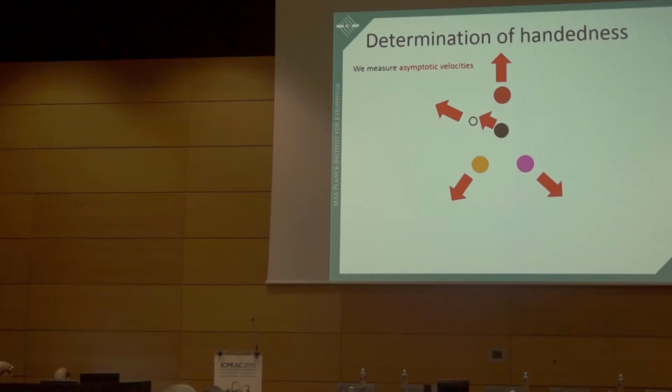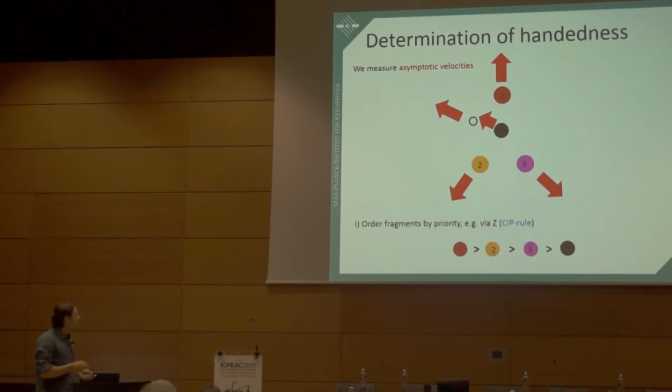How do we determine the handedness? At first, one orders these fragments by their priority. This can, for example, be their atomic number, but it is very well defined via the CIP rule I was talking about earlier.